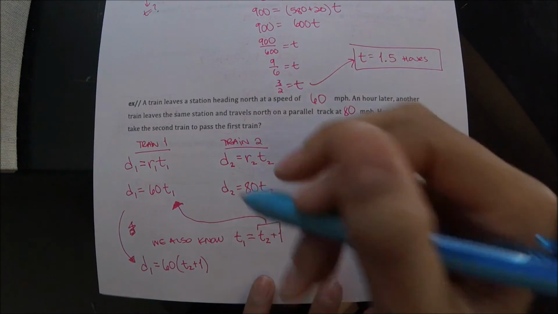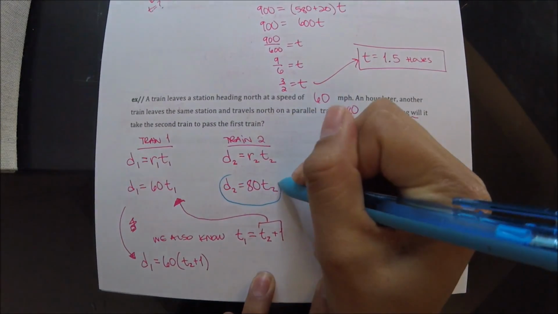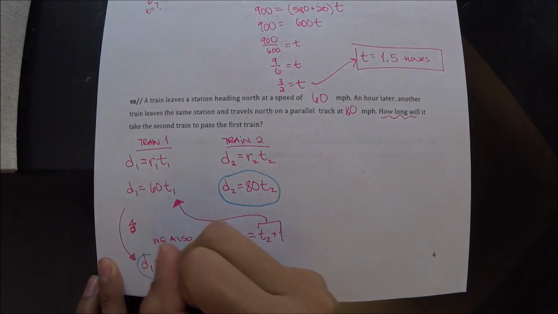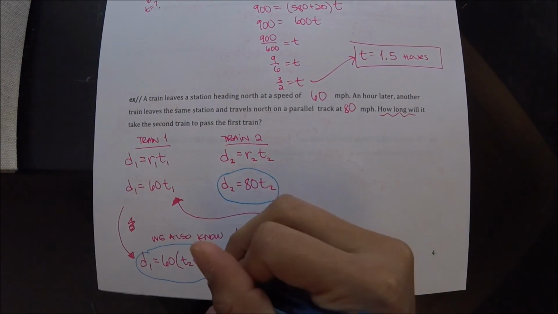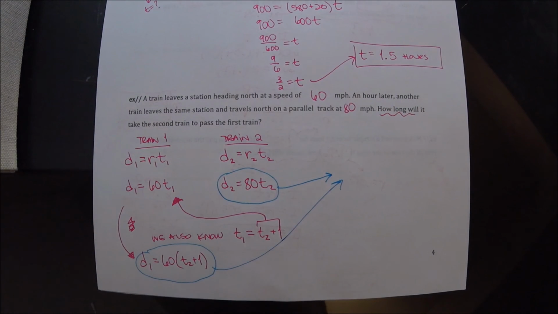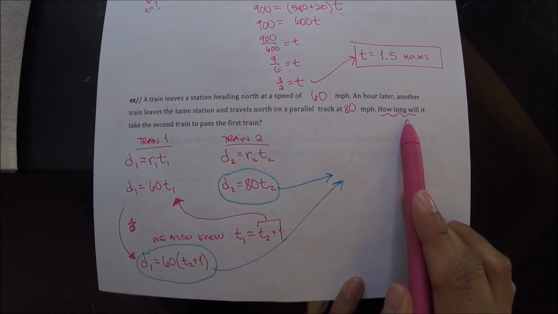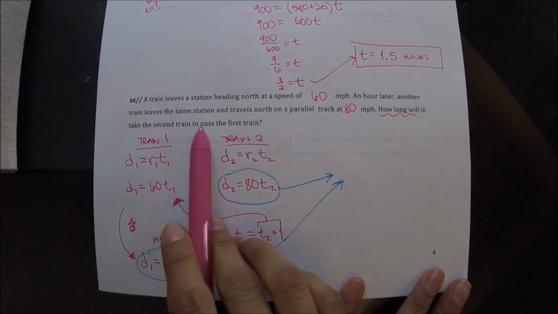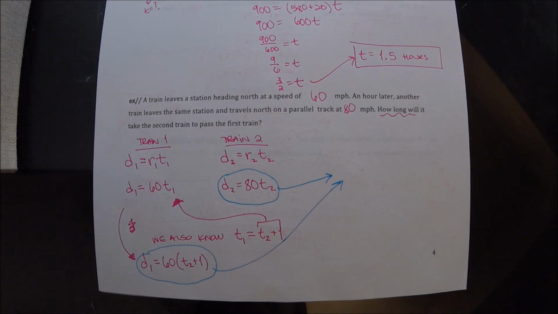So now we are going to take this information and this information and use it to help us answer the question. All right. So we want to know how long is it going to take for the second train to pass the first train. So that's going to happen when they've traveled the same distance.